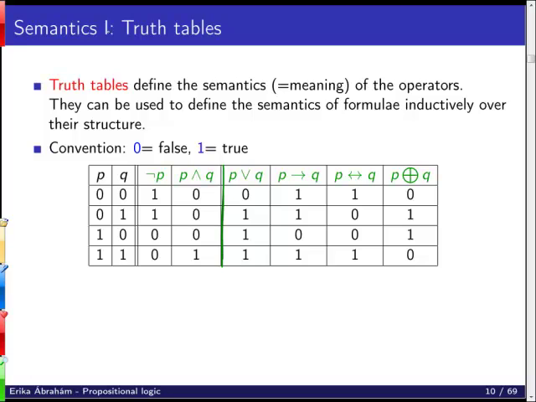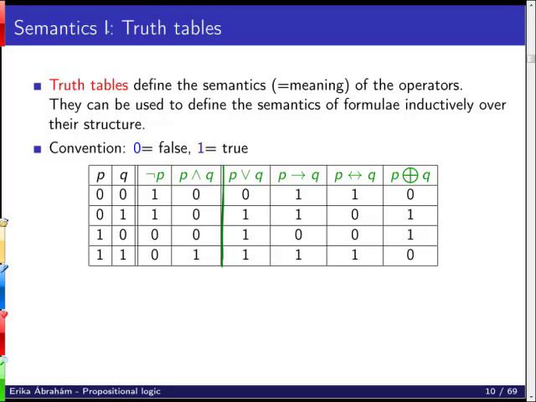The truth tables look like this: you have one column for each variable, each proposition appearing in the formula, and you have one column for the operator that you just considered. Depending on the number of variables, if it is a binary operator, you have two variables, so you have 4 possible combinations of values. And for each possible assignment, you have a row.